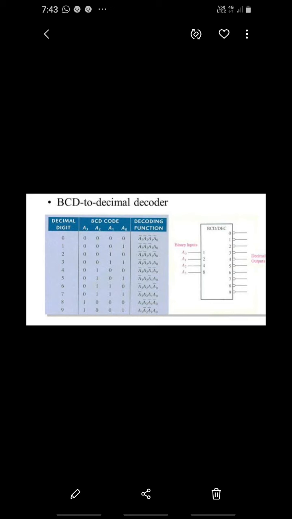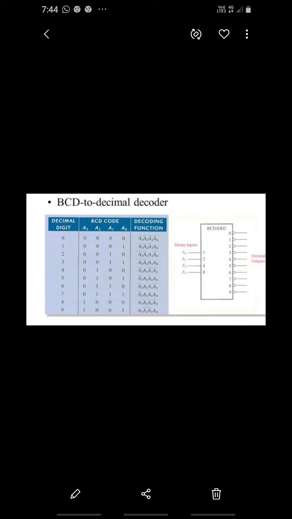Next I will explain the BCD to decimal decoder. BCD means it is a group of 4 bits, and decimal means 10.